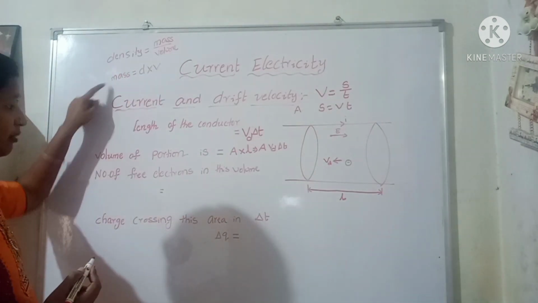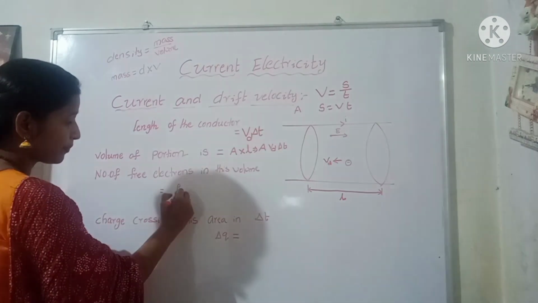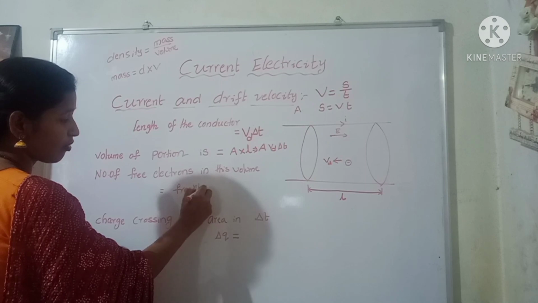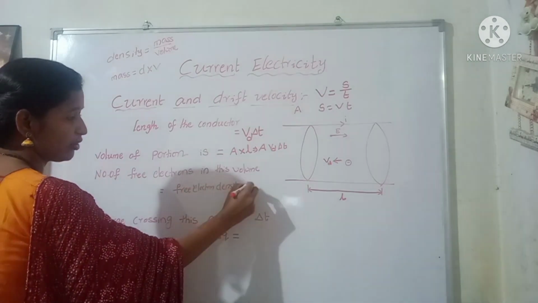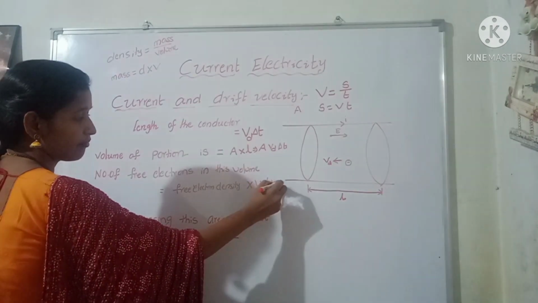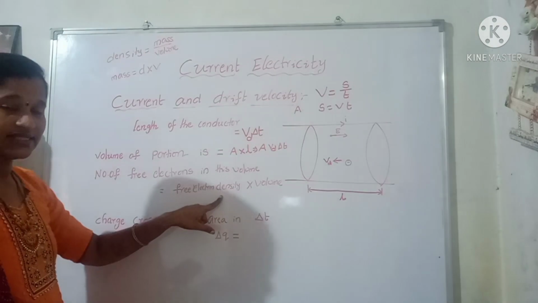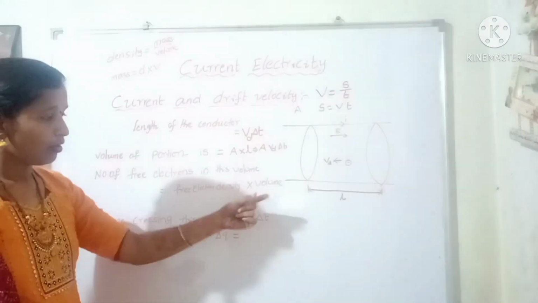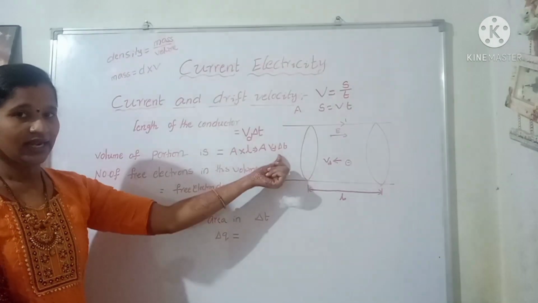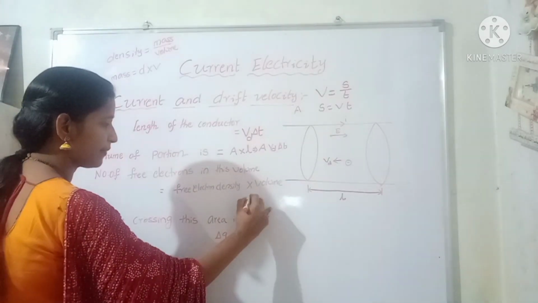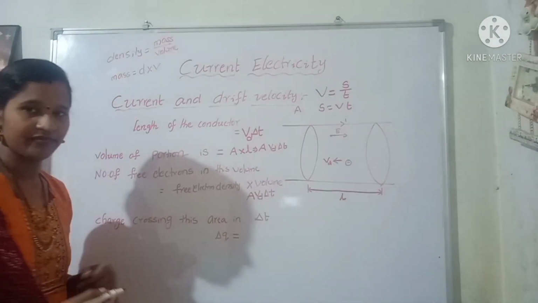Here mass is nothing but the number of free electrons, so free electron density into volume. The volume we already know: A Vd delta T.